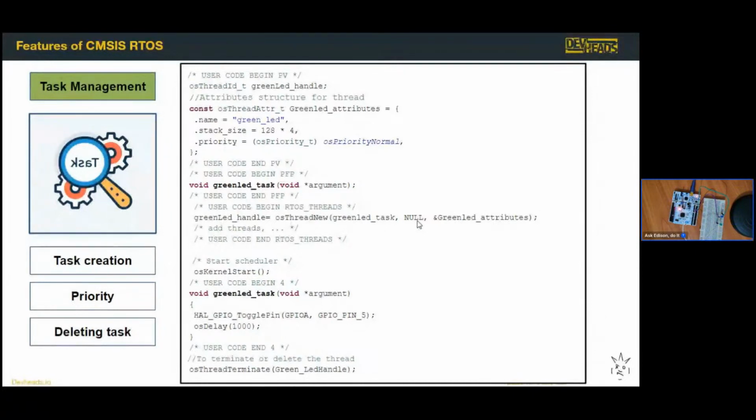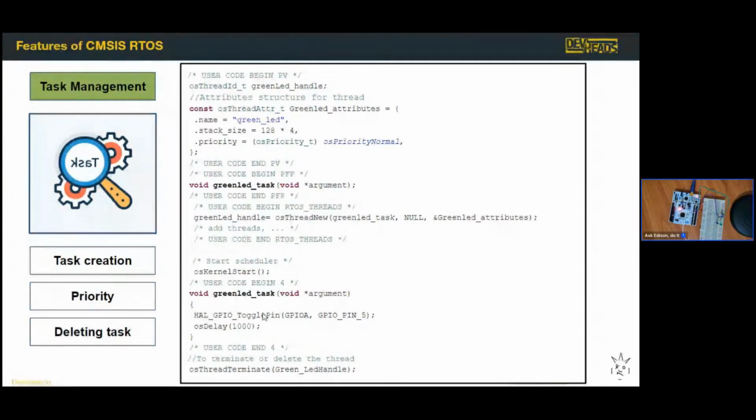So you may define a structure that holds variables and you want to pass them to this task. You can pass them here. But for our case, we are not passing any initialization data to the task, so we shall have null. And then we have a pointer to the green LED attributes that we defined, to set the priority, the name, and also the stack size.